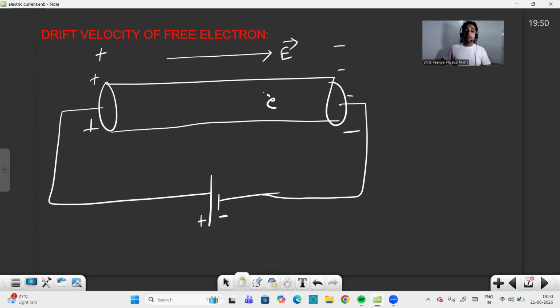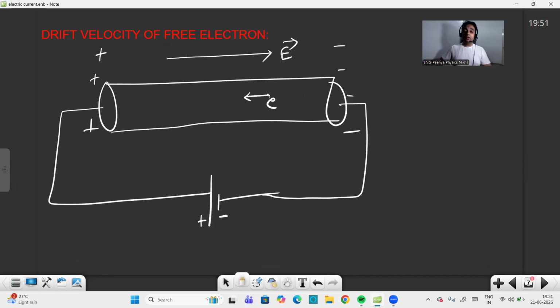So here all the electrons will experience the force in this direction. Now a question arises: will they flow with a very high speed? Normally we experience that we turn on the switch and the bulb glows, we turn on the switch and the fan immediately works. So it means electron speed is very fast. No, still electron speed is not fast.